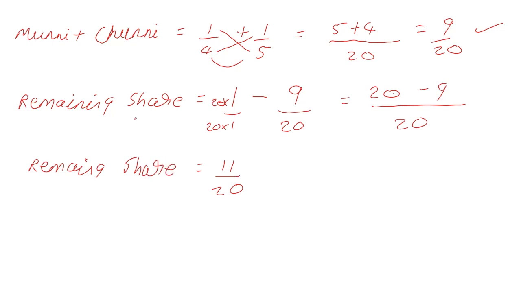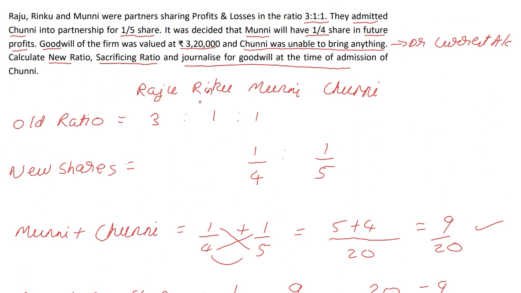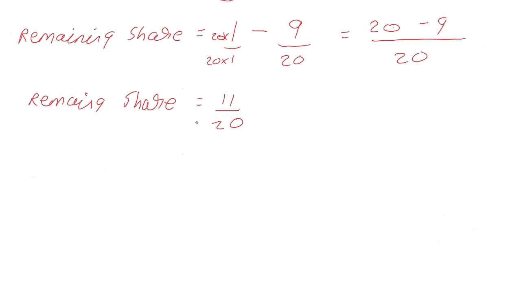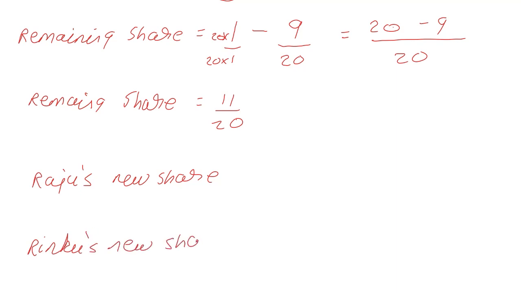If the remaining share is going to be 11/20, I know that their ratio between themselves is 3 is to 1. So Raju's new share, and Rinku's new share will be calculated accordingly.